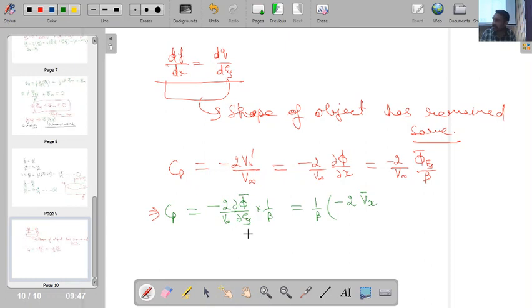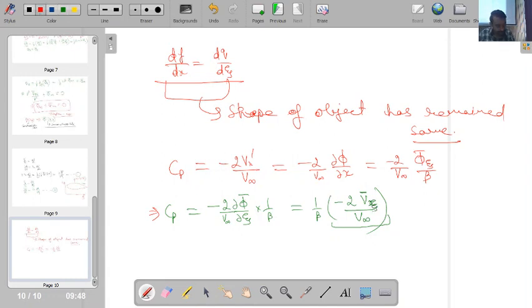Del phi bar by del zeta, because phi bar is potential function in zeta plane, so the derivative of this in zeta direction will give me the perturbed velocity. The perturbed velocity I am representing with v bar in zeta plane, divided by v infinity. What is this? Or let me write it zeta only, then it will be better for you.